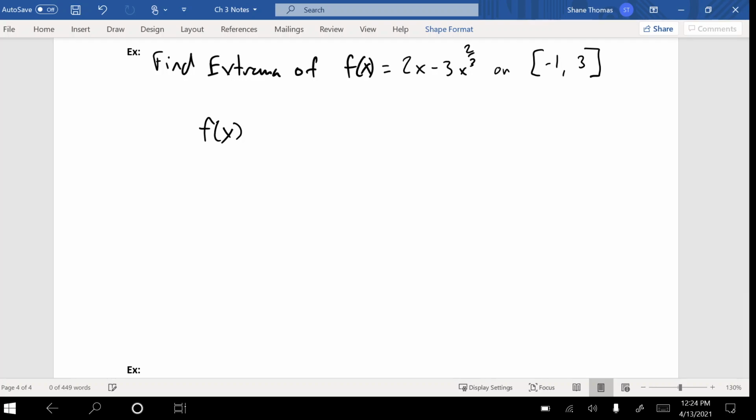So f of x equals 2x minus 3x to the 2/3. F prime of x then is going to be 2 minus 2x to the -1/3, so that'd be 2 over x to the 1/3.